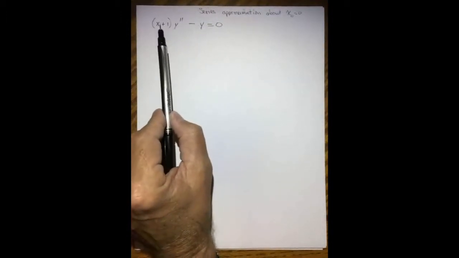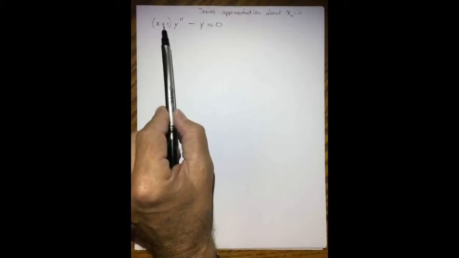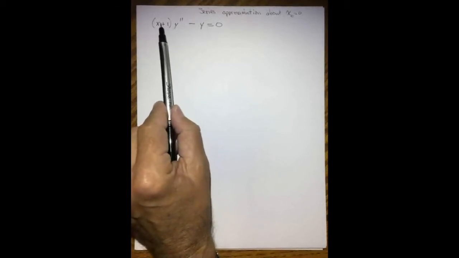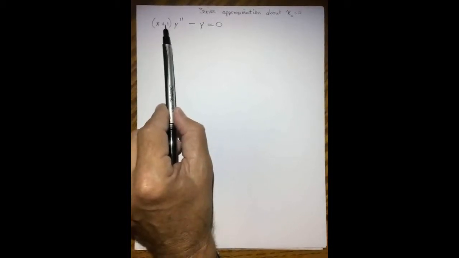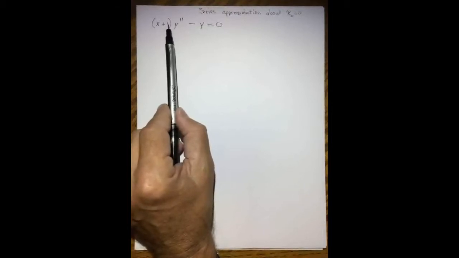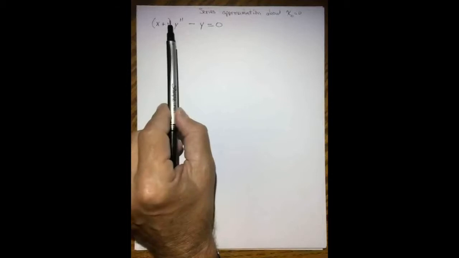The other day, Friday, I tried to work a problem where there was an x squared in this lead term. So that function was not analytic at 0. Analytic just means it's defined.